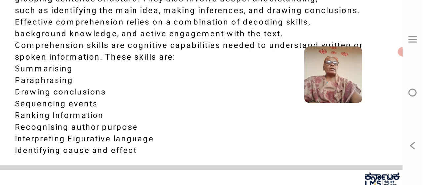These basic aspects are essential to summarize the text, to paraphrase the text, to draw conclusions, to arrange the events in a sequential order, to rank the information given, identifying the author's purpose, interpreting the figurative language, and identifying cause and effect relations within the text.